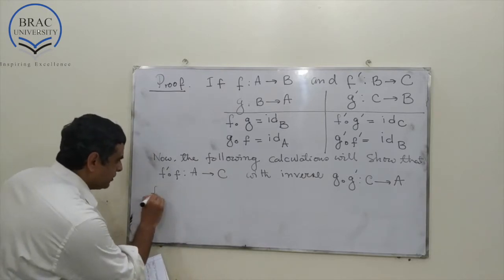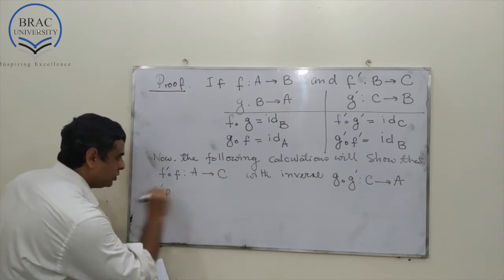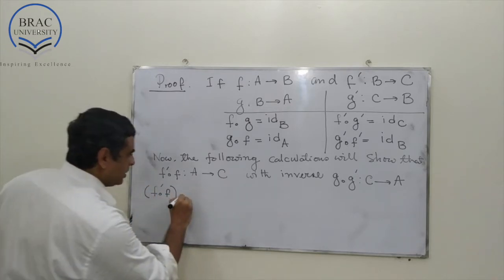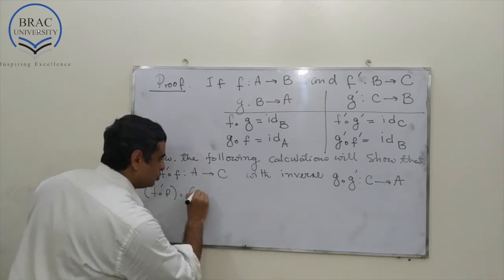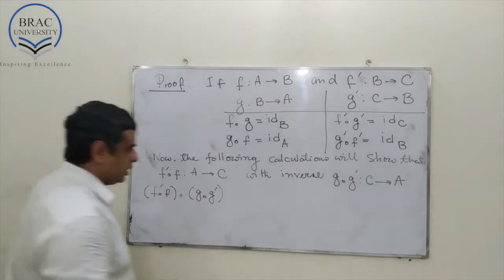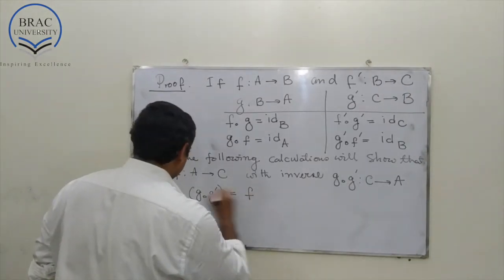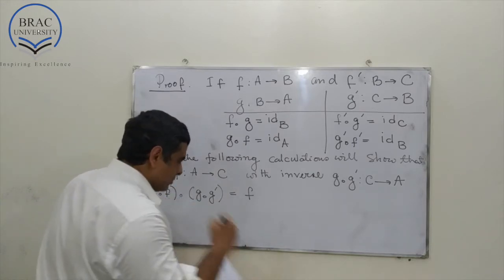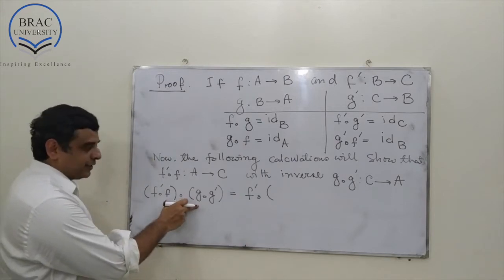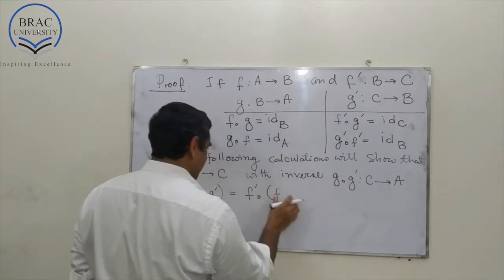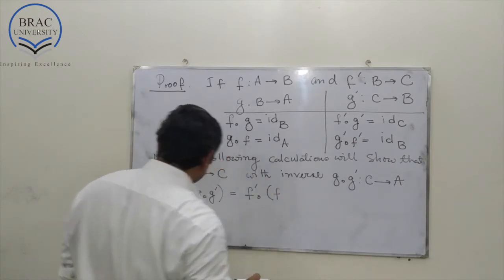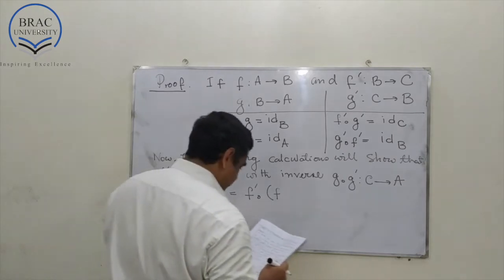So let us try to do it. Compose F prime composed with F with G composed with G prime, by invoking associativity. We can first take the composition of F and G, put it in a bracket, and then compose the resulting functions in the given order.